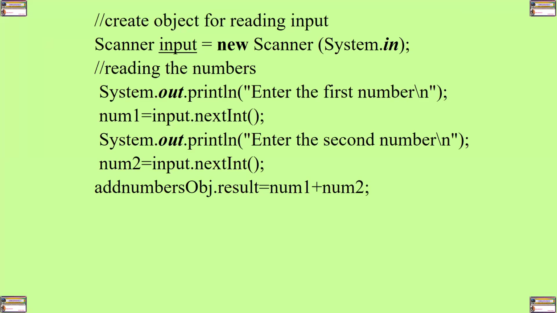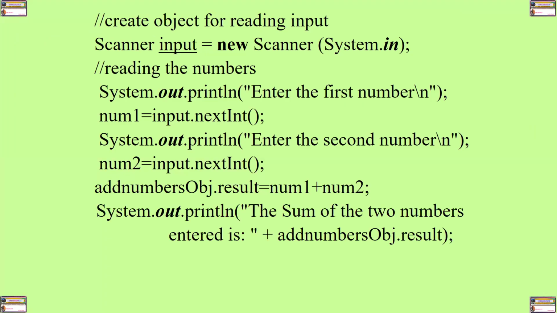From there, we access the member called result through the object and numbers object. As we access that member, we store in it the sum of the values entered as num1 and num2.